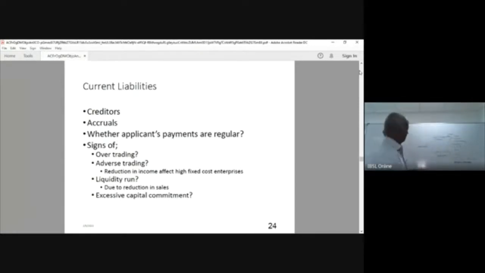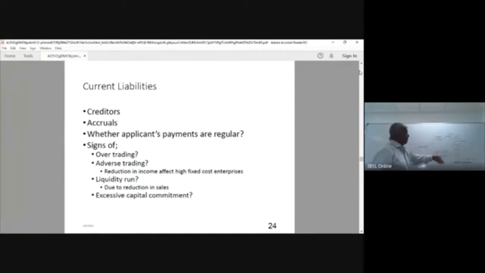We say fixed investment. Both are capital. So the money tied up on fixed assets is the fixed investment.